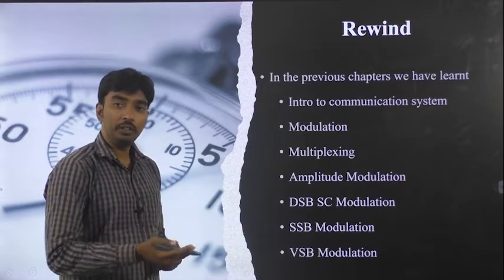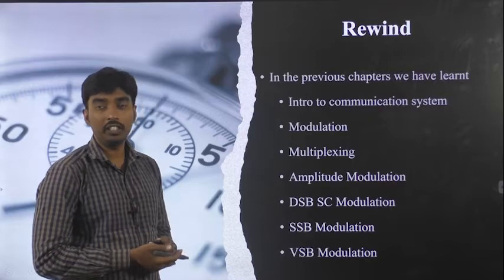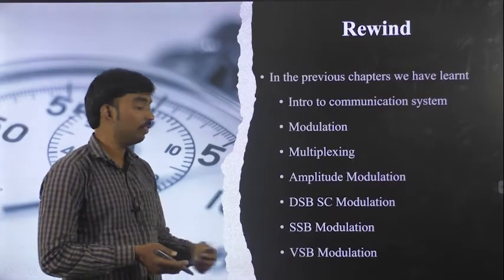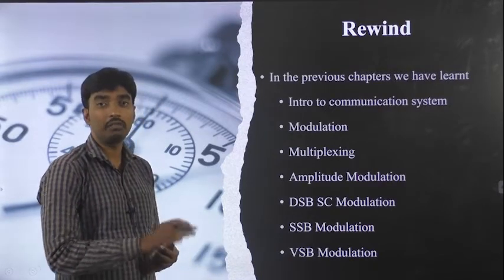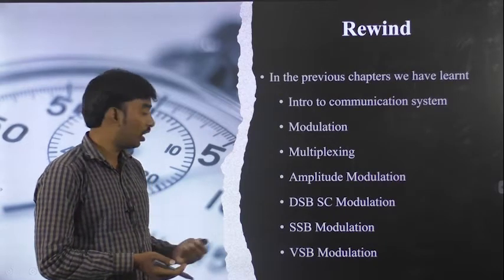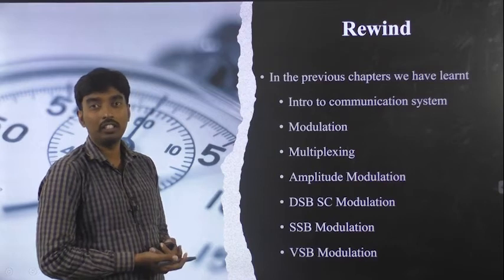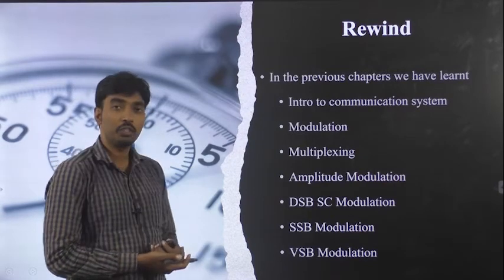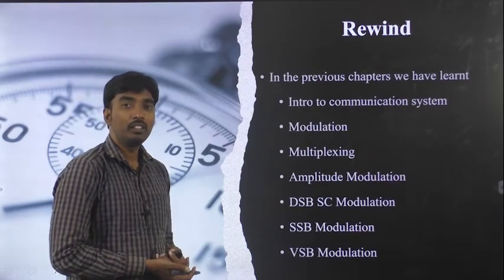And then to transmit or modulate the video signal, we have seen VSB, vestigial sideband modulation. Part of the sideband is removed, and we have seen how the video signal is modulated. Especially VSB modulation is used for video transmission.